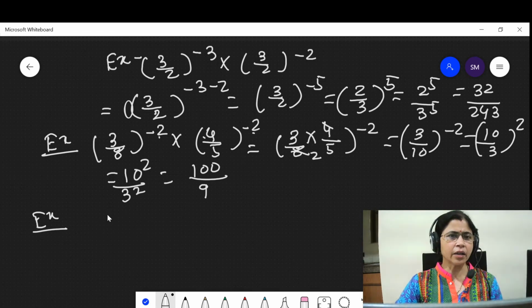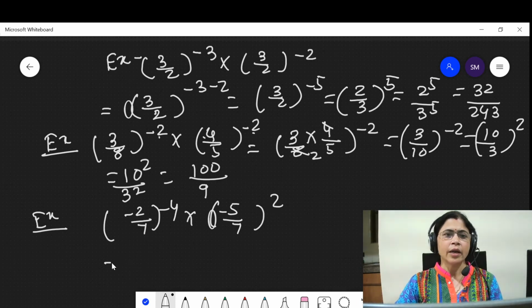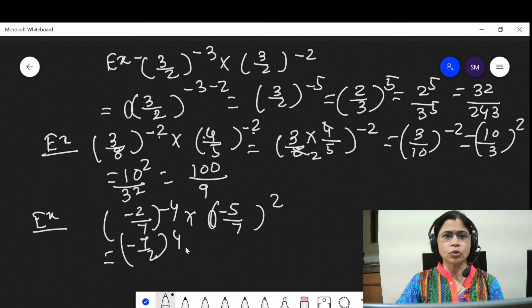Then here another example says: (-2/7)^(-4) times (-5/7)^2. At first, make the exponents positive by taking the reciprocal: (-7/2)^4 times (-5/7)^2.